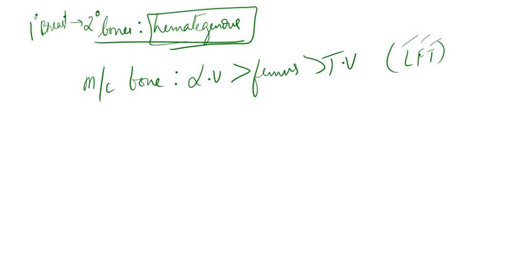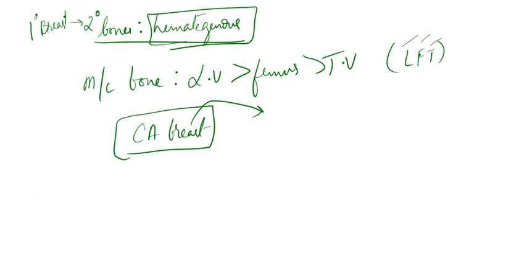Now if you ask me what is the most common primary for both osteolytic and osteoblastic conditions, that is obviously carcinoma breast. So carcinoma breast is the primary carcinomatous condition whose mets will cause the most common osteolytic or osteoblastic secondaries.